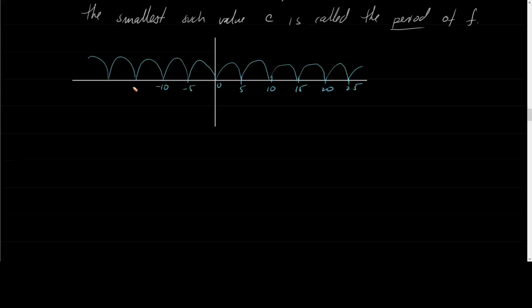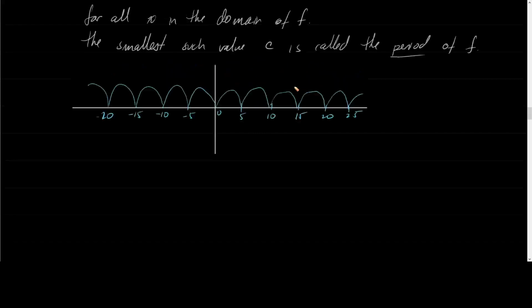It would be easy to say that all of this is repeating over and over again, because I could just cut and paste that. But that's not the period of this function. This length is 15, and it is not the period of the function because the period, again, is the smallest value c which makes the function repeat.